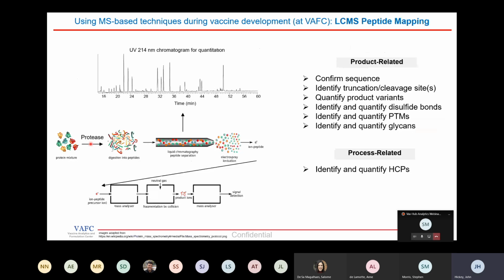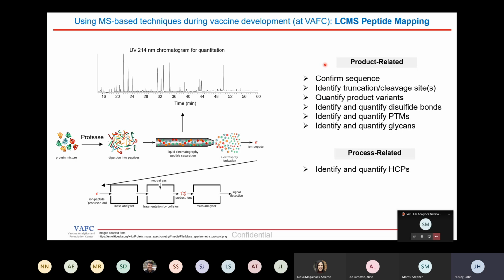For LC-MS peptide mapping, again, this requires a little bit more method development where you're treating the protein mixture with a protease. You have a longer gradient to get better peak separation. In this case, you typically quantify the chromatogram using UV, either 280 looking at tryptophans or 214 looking at the peptide backbone. And then all these peptides feed into the mass spec, which you can either look at the mass of each individual peptide, or you can fragment the peptide for identification.